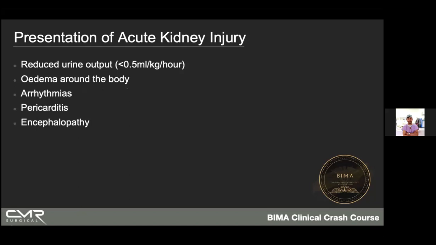There may also be edema around the body, and the edema would be because of the kidneys not being able to filter, and subsequently you would have a big backlog of fluid, which would then start entering the interstitial space and other spaces as well. Arrhythmias are probably the most catastrophic presentation of acute AKI.